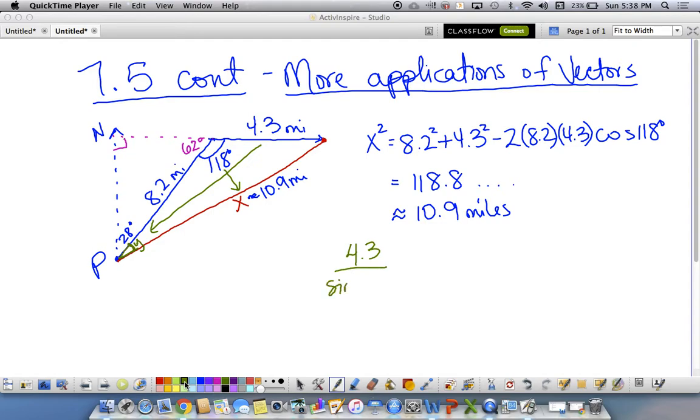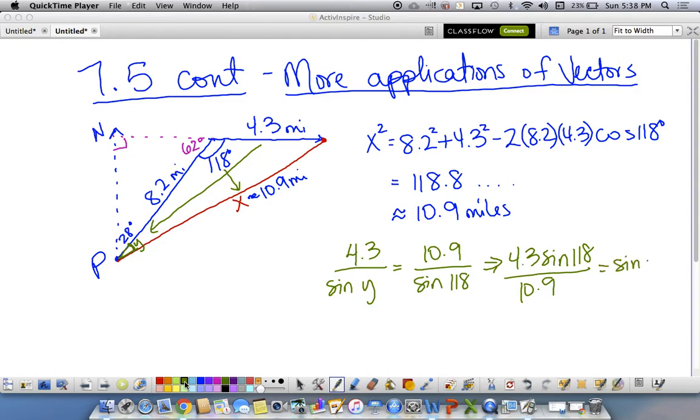So we're going to use 4.3 over sine y will equal 10.9 over sine 118. I'm going to cross multiply and go in this direction. 4.3 sine 118 divided by 10.9 is going to equal sine y.